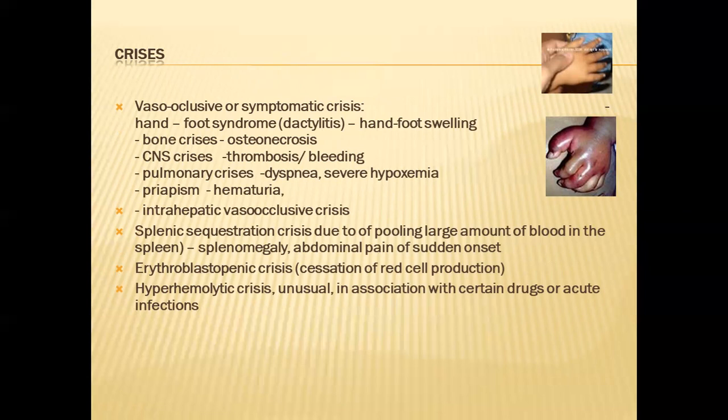You must know the responsible factors, which I already discussed with you in the pathophysiology: there is stasis, decreased blood flow, stasis leading to thromboembolic phenomena, which will result in all these crises. So, vaso-occlusive crises are symptomatic crises. There can be hand and foot syndrome like dactylitis.